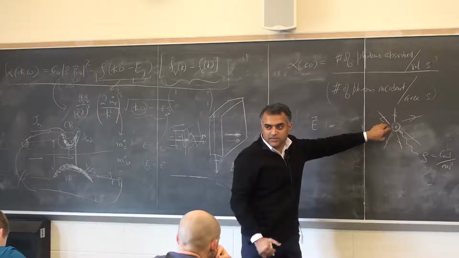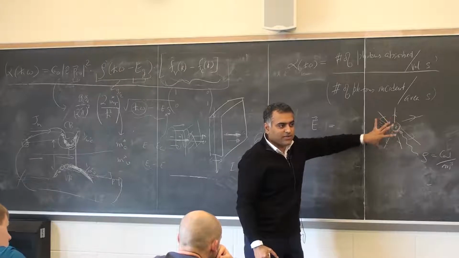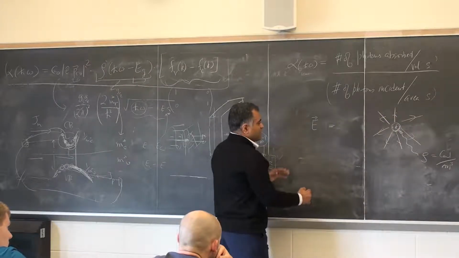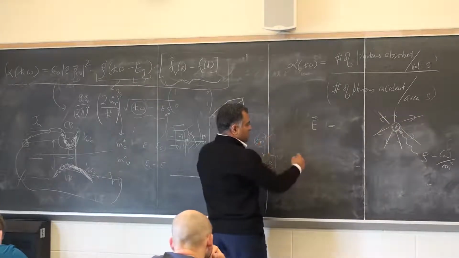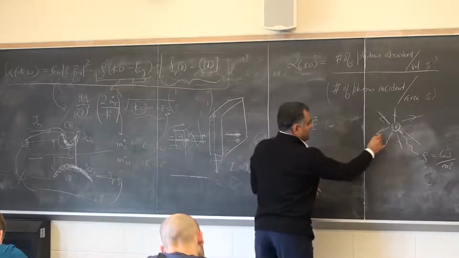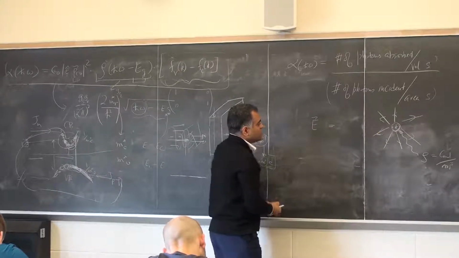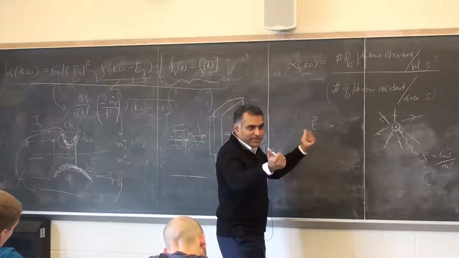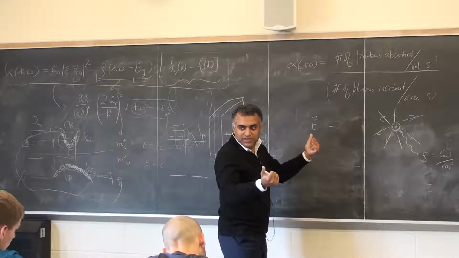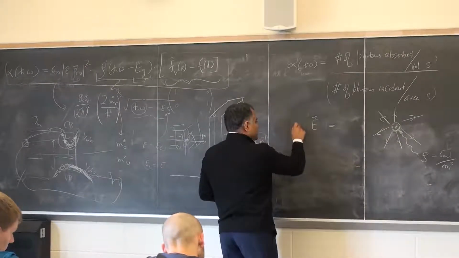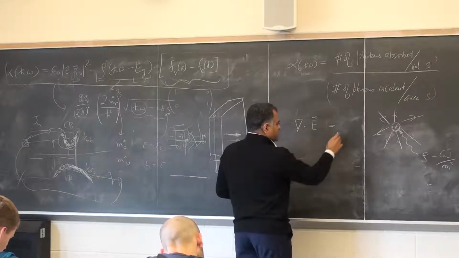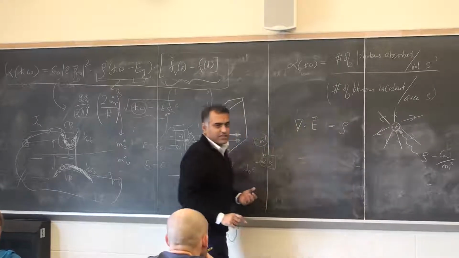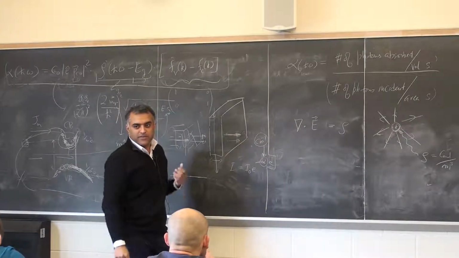Doesn't matter. It is the same thing. The electric field will look like that around it, and that is captured by the first Maxwell equation, called Gauss law: electric field lines are going to diverge away from a positive charge. So the divergence of the electric field is equal to the charge density. That's the physical meaning.